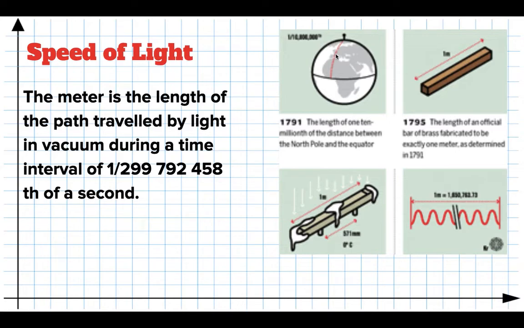That became really hard to use, and so they found a brass stick, and they said, hey, that's 1 meter. But the problem was it kept changing when it got hot and cold. So they kept another piece of metal, platinum, at a constant temperature using ice, and they said that's 1 meter. And nowadays, we just measure a meter based on how far light travels in this much time. So we can do this very accurately now, and the meter is now actually defined on the speed of light.